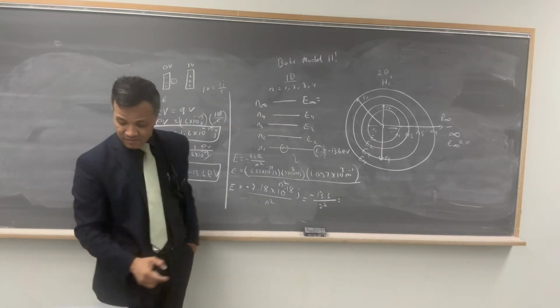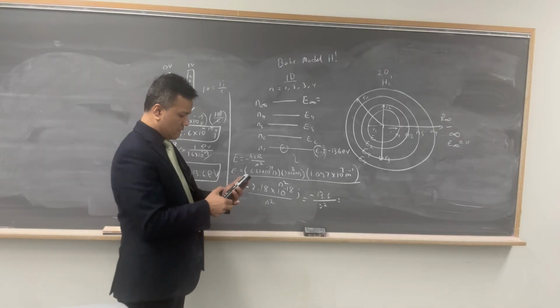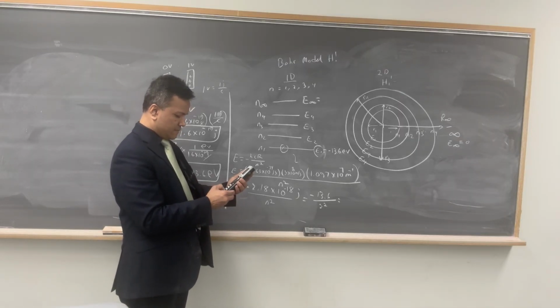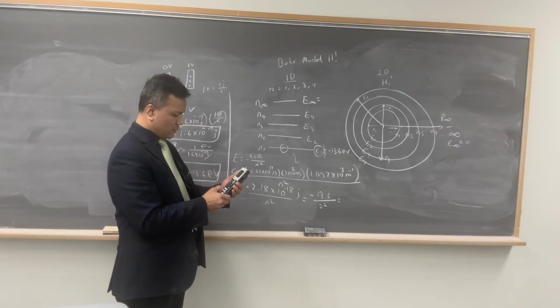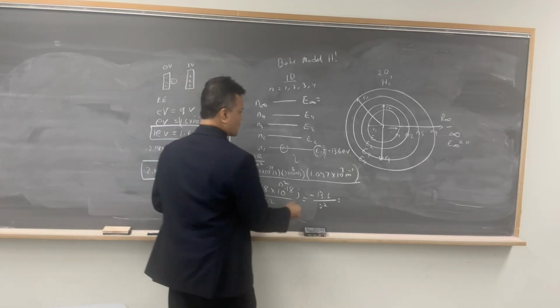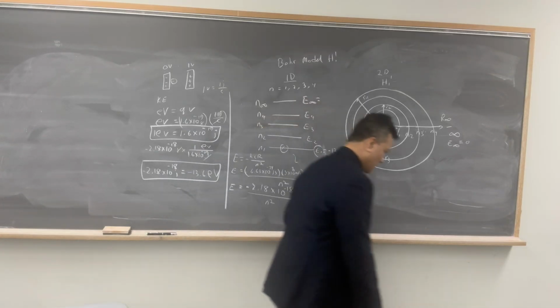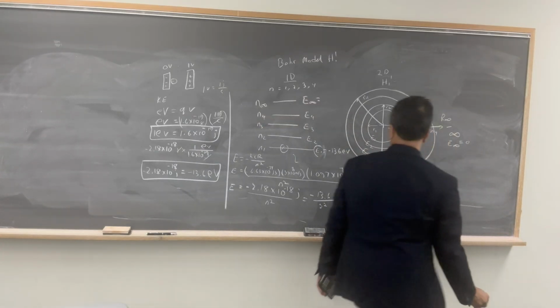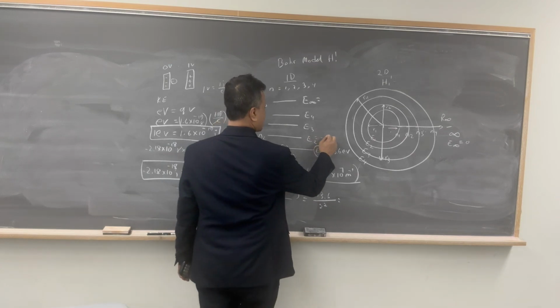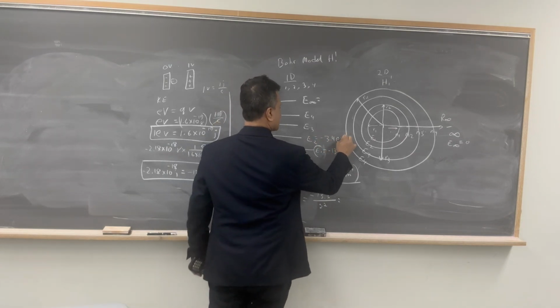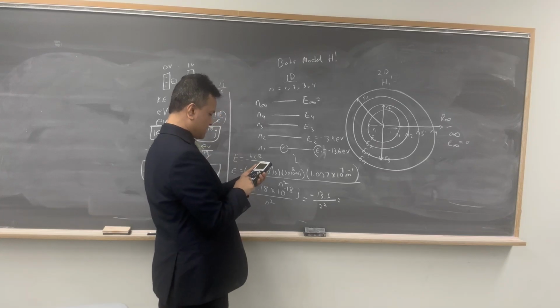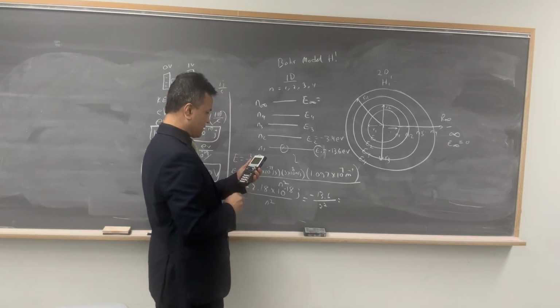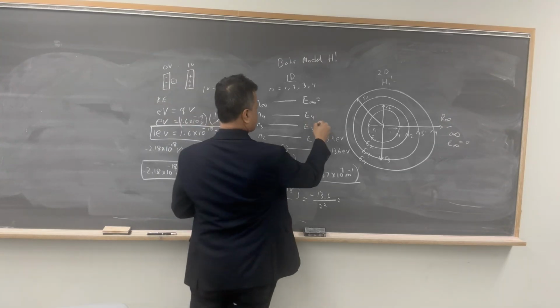Let's see the calculator. 13.6 divided by 4 would be negative 3.4. This is a small chalk, I'm running out of chalk. So this is negative 3.4 electron volt. For 3 squared, 13.6 divided by 9 gives about 1.5.